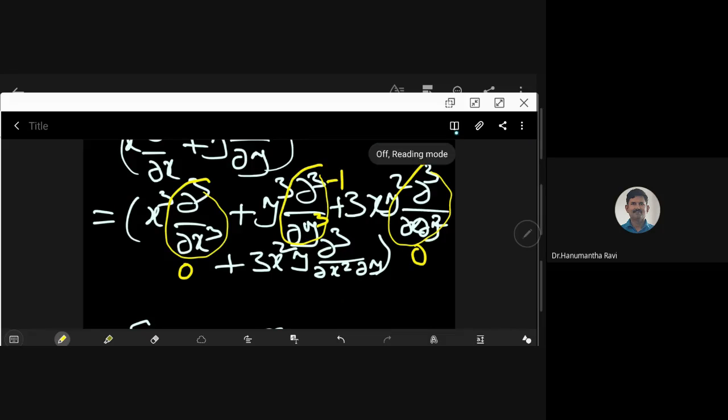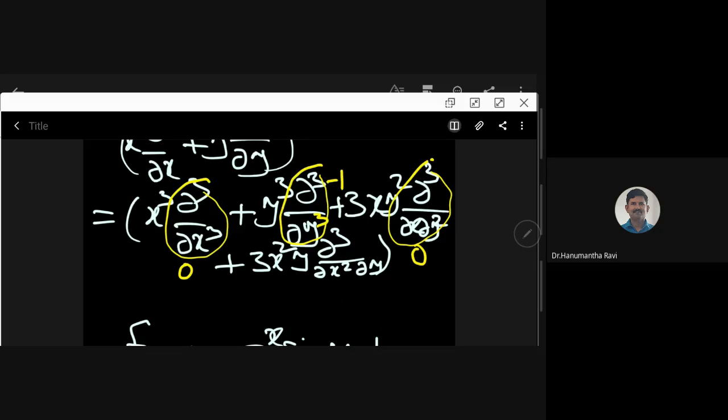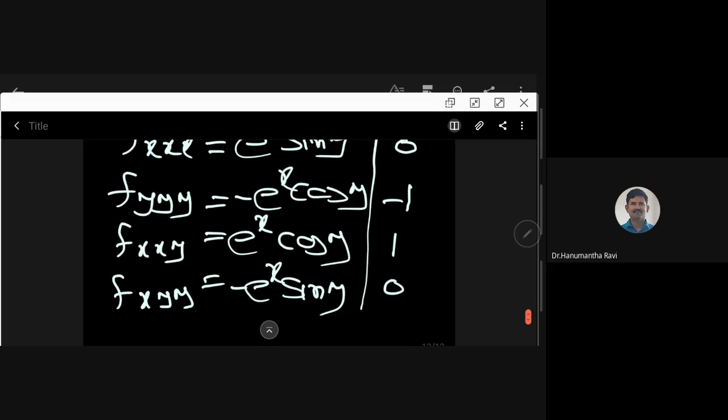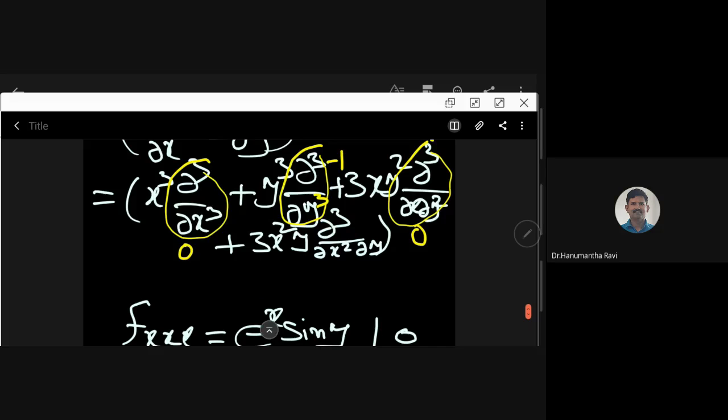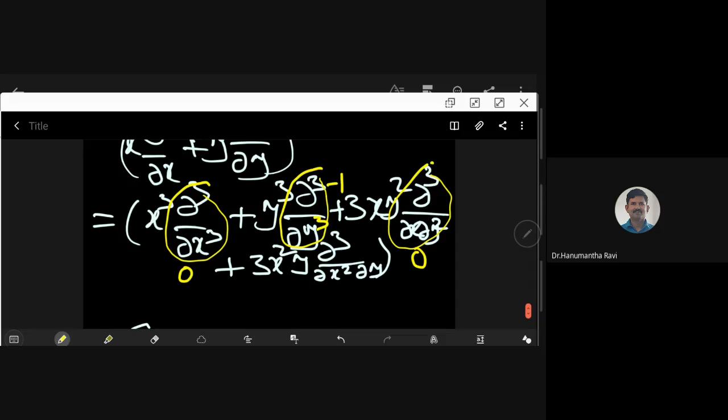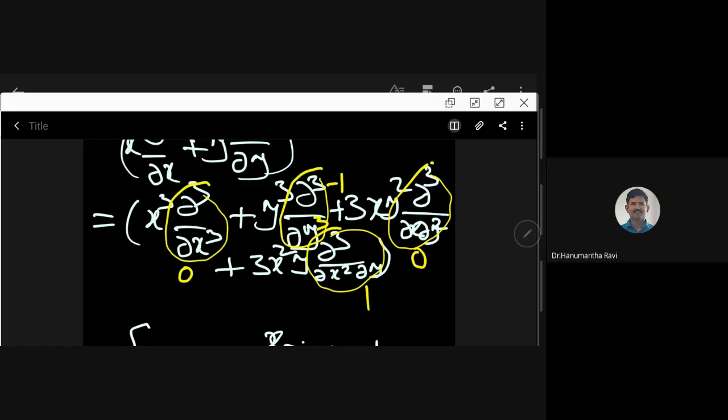Now xxy is 1. So what terms will remain here? Minus y cube and 3x square y.